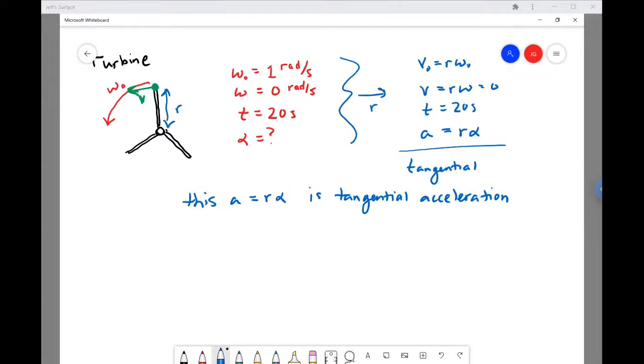It is not centripetal. Remember centripetal acceleration? Those are two separate things.